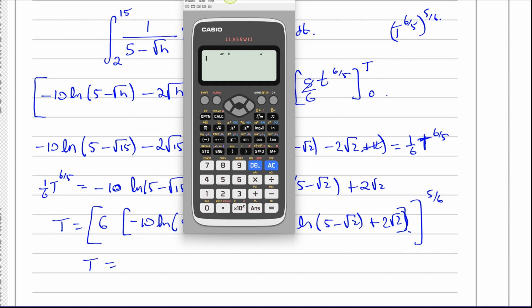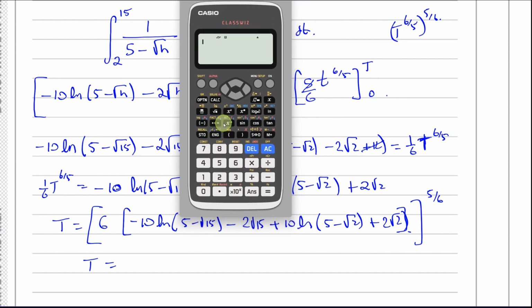Okay. So I'm going to have bracket 6 times another bracket, minus 10 times the ln of 5 minus the square root of 15. Close that bracket, close the bracket. That's that part done. Minus 2 times the square root of 15.